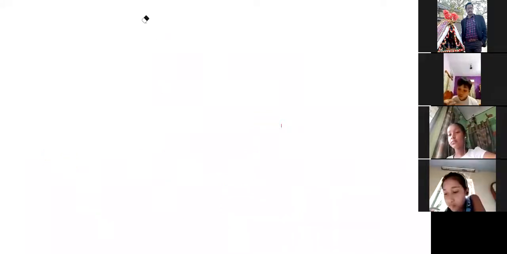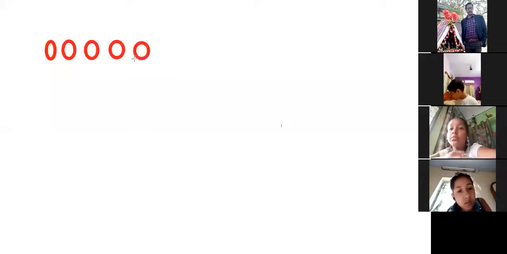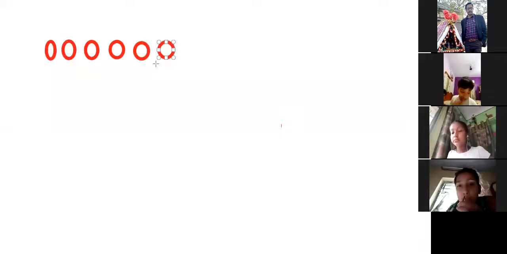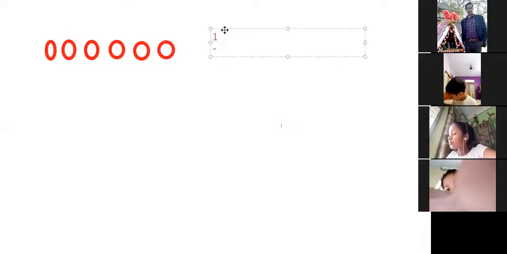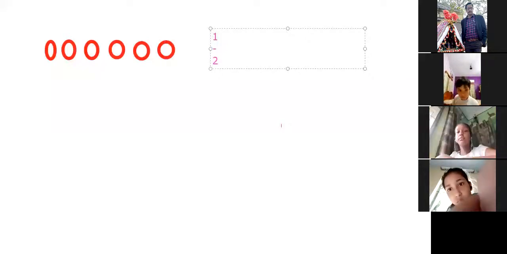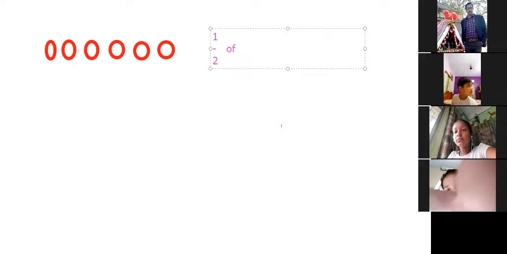I don't know how to draw the similar type of circle. How many circles are there in the question? Look at the question. There are 6 circles, and the question is written as 1/2 of 6.